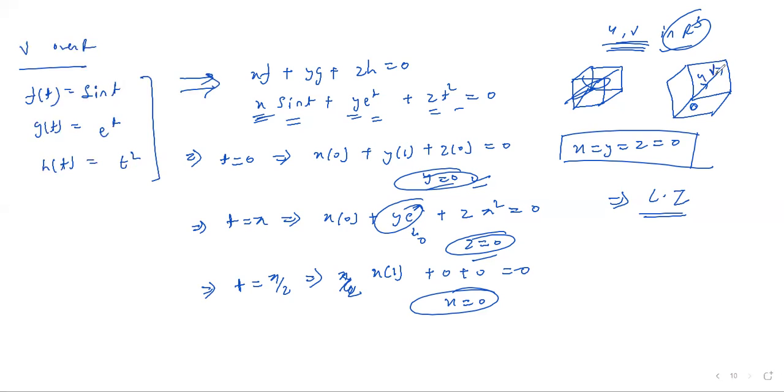Then the set of vectors is linearly dependent. Okay, I think you got it. So these are some examples from which you can check whether the functions, vectors, whatever you want to check, are linearly independent or linearly dependent.